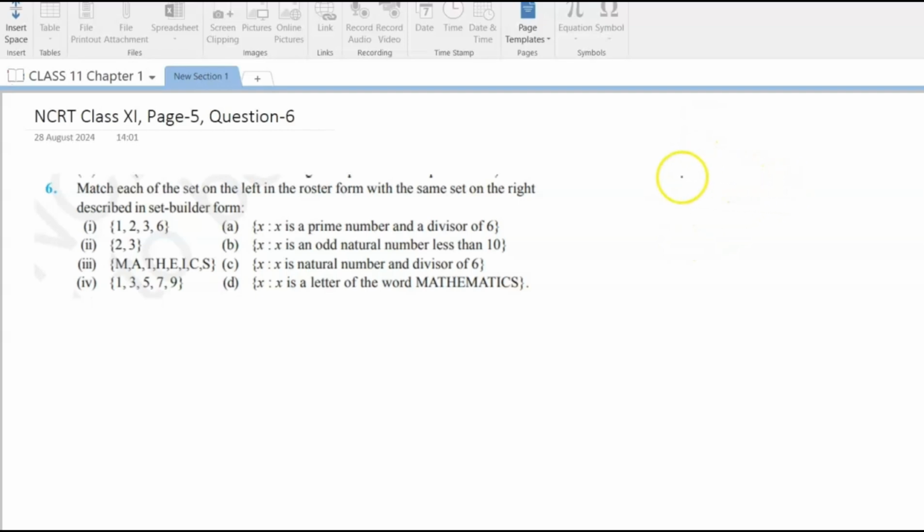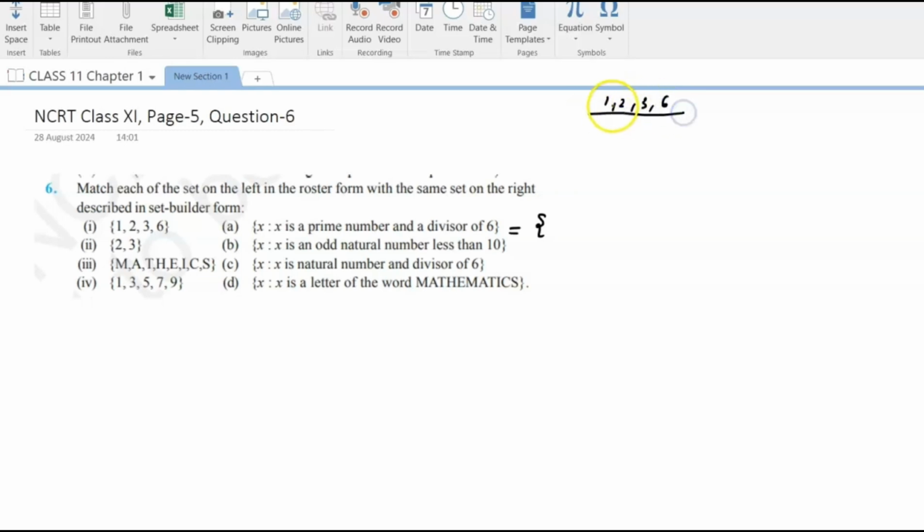Okay. So X, such that X is a prime number and is a divisor of 6. So the divisors of 6 are 1, 2, 3 and 6. Now we need to choose prime numbers from this. So this is 2 and 3. So this matches the second option. Okay.